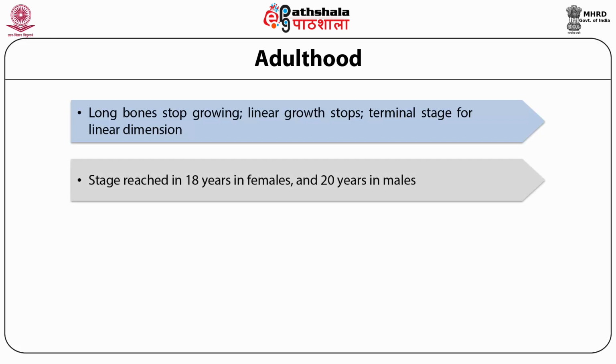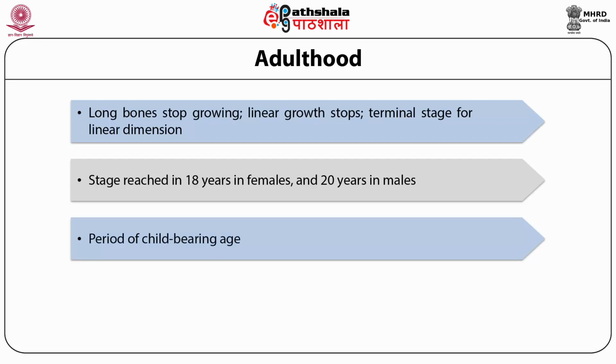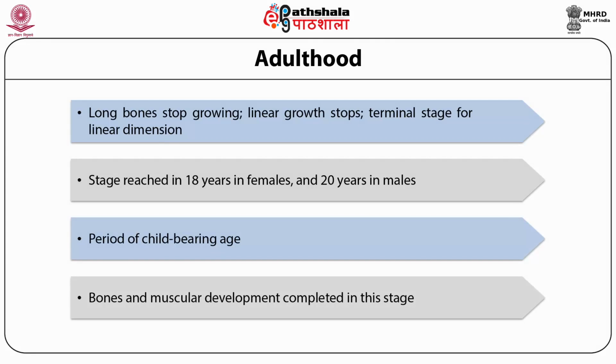It is generally identified as 18 years among females and 20 years among males, and it can also be recognized as the period of childbearing age. And the bone and muscular development, as we have already specified, is already completed in this stage.